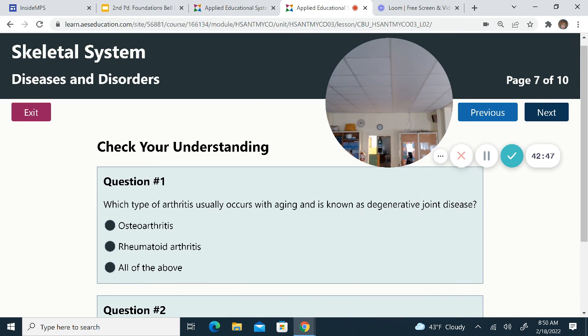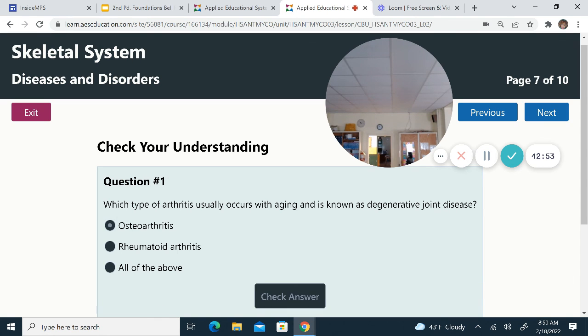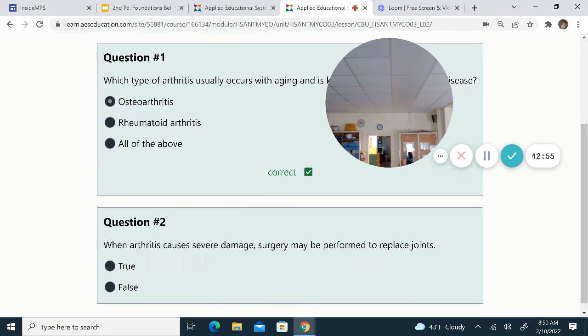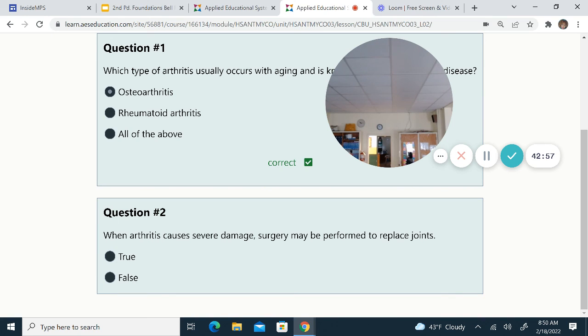All right, which type of arthritis usually occurs with aging and is known as degenerative joint disease? Osteoarthritis. When arthritis causes severe damage, surgery may be performed to replace joints. True.